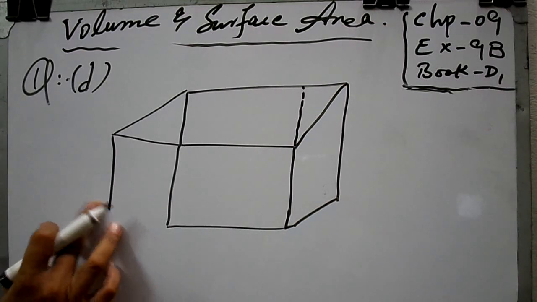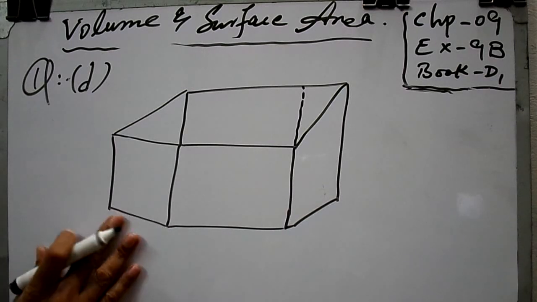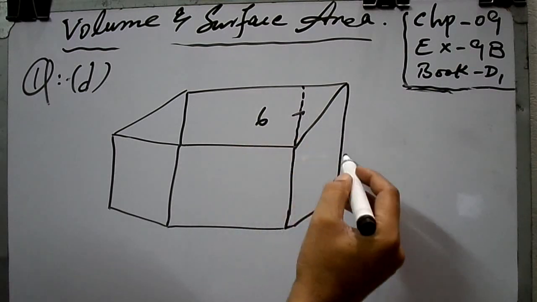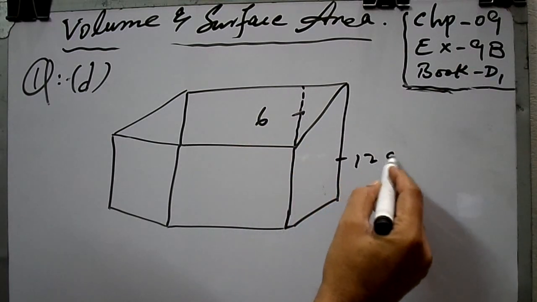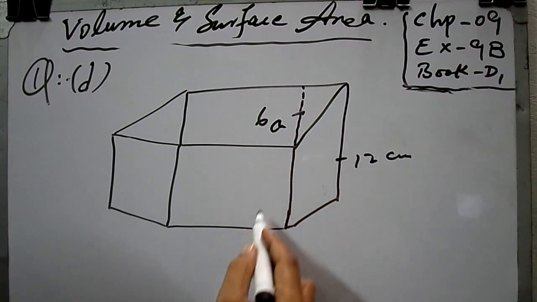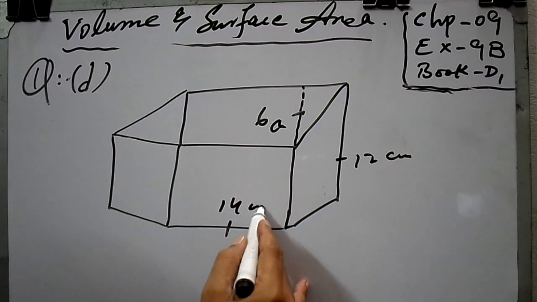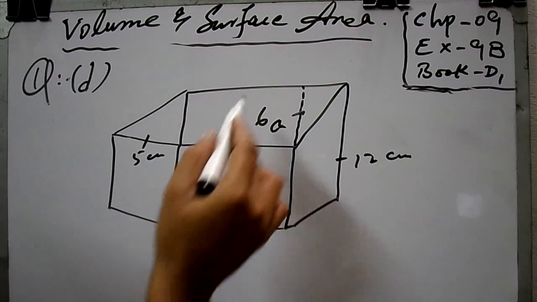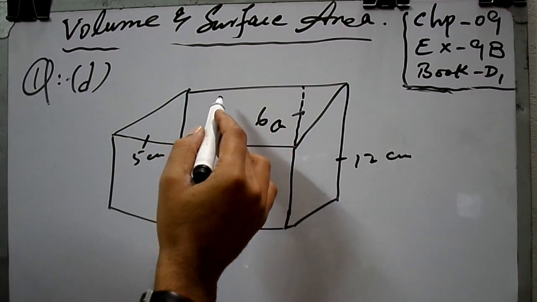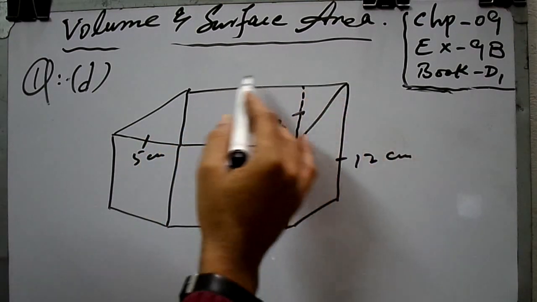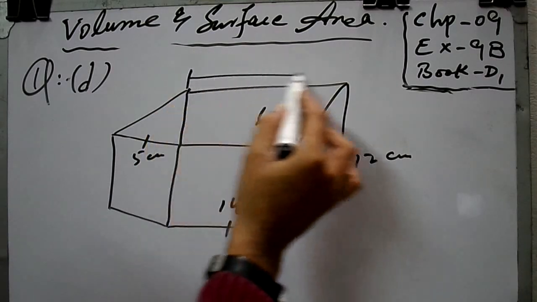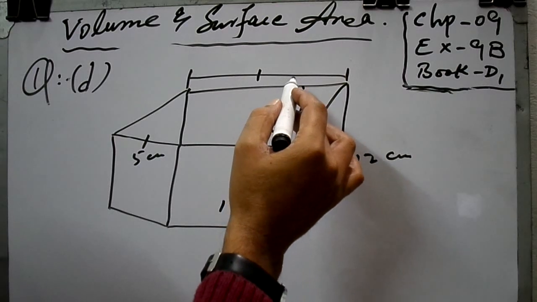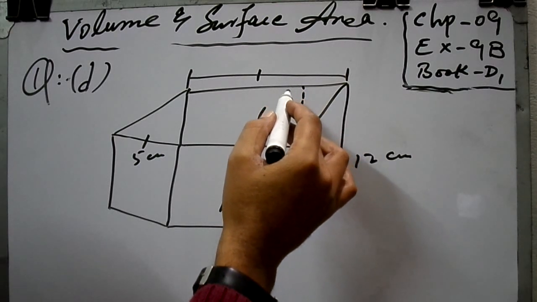So you can see here, this is the given condition, that is your 6 centimeter, that one is 12 centimeter, and this one is 14 centimeter, and here is your 5 centimeter. So the length is up to here, that is your 18 centimeter.